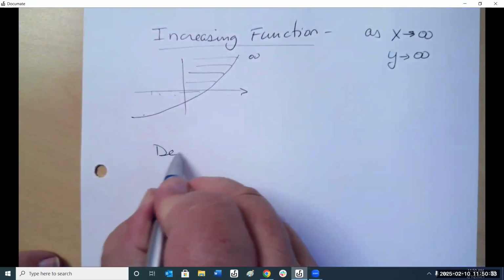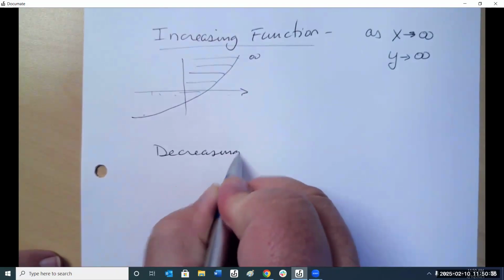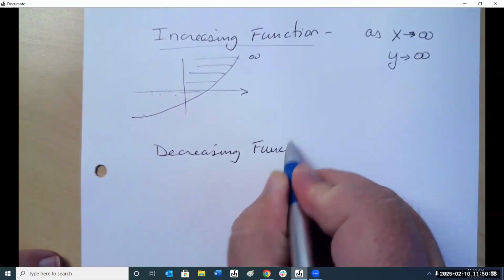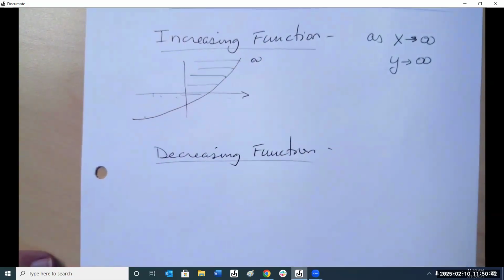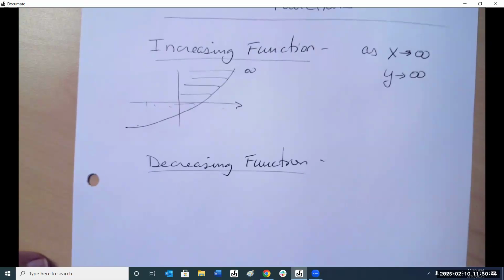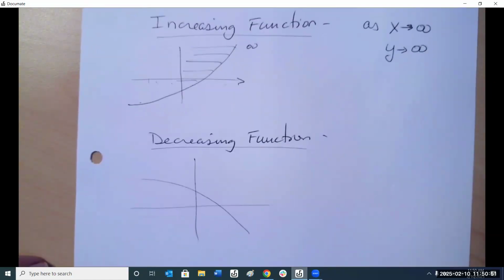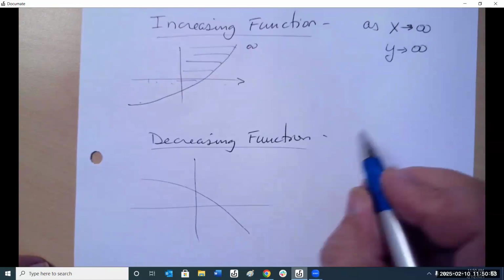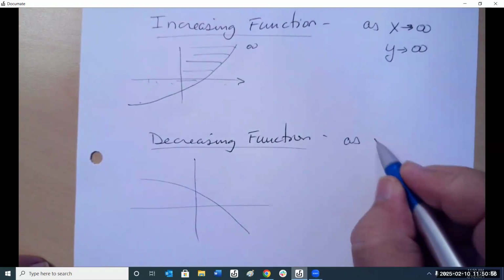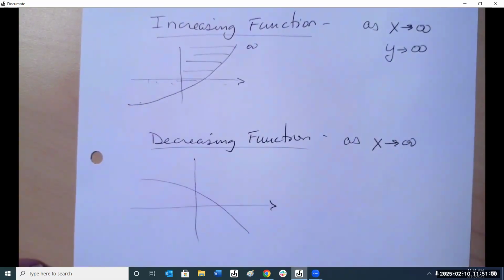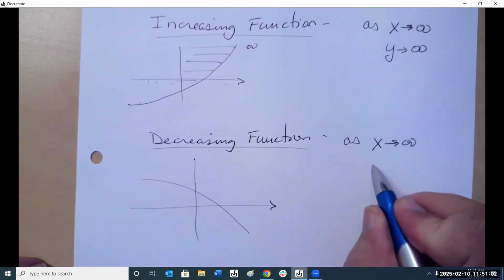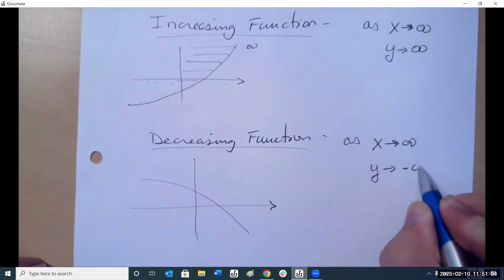How about a decreasing function? Same thing there. What do you have to look at there? As x goes to infinity, what happens to y? Y goes to negative infinity, right?